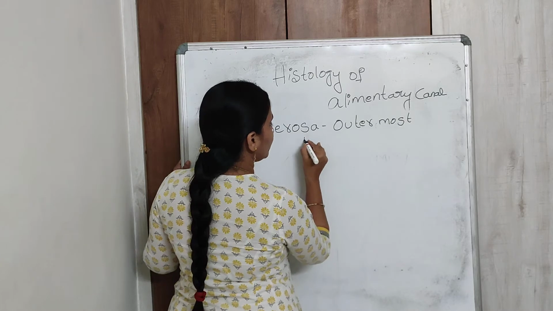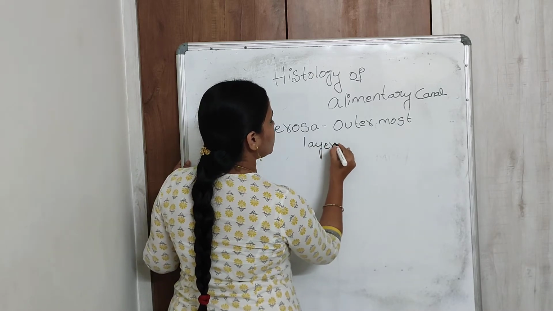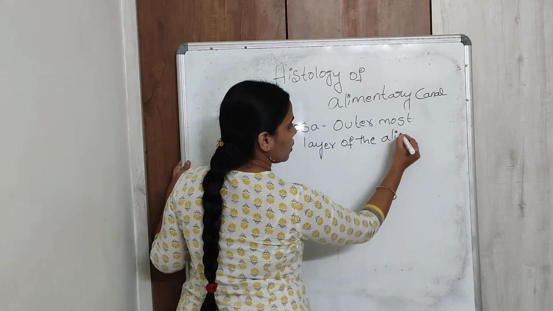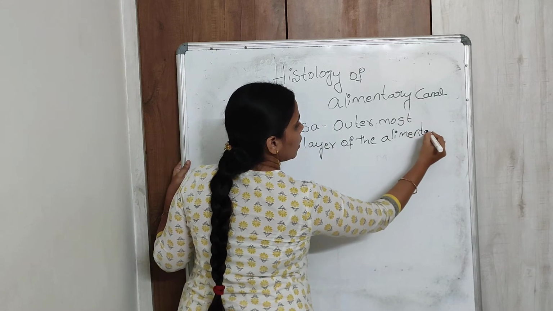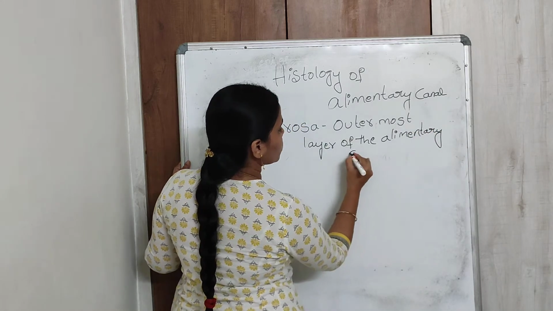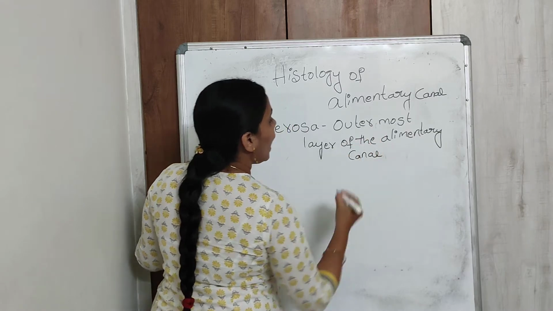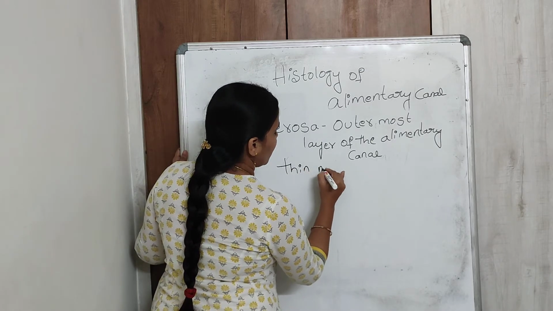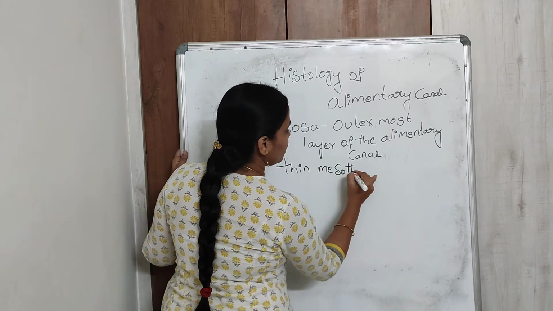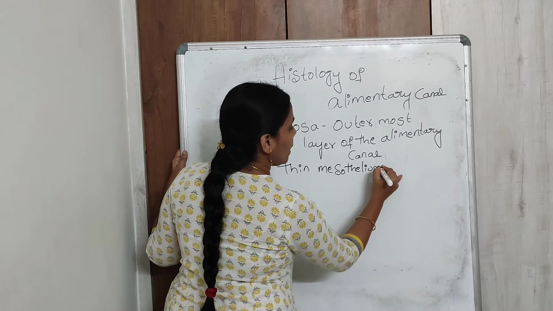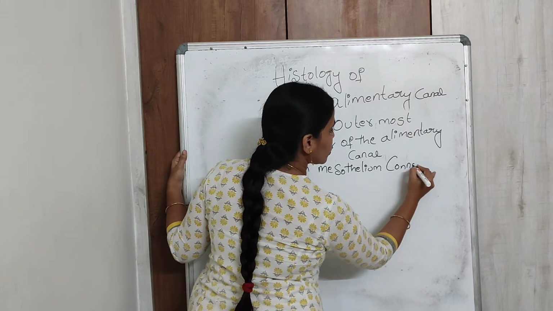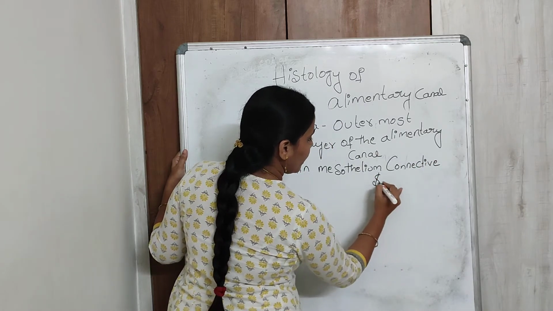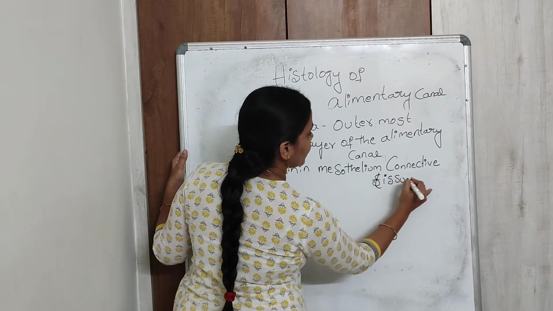It is lined by thin mesothelium, and some amount of connective tissue is also present inside the serosa.